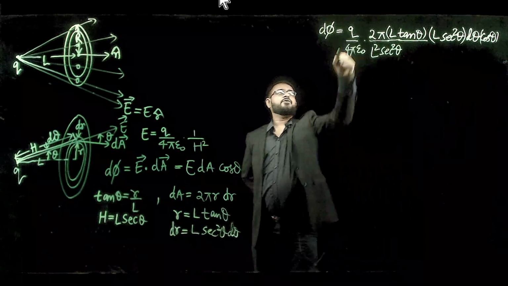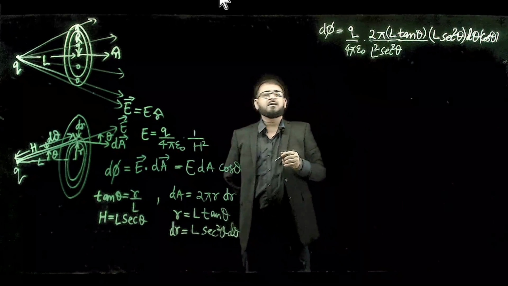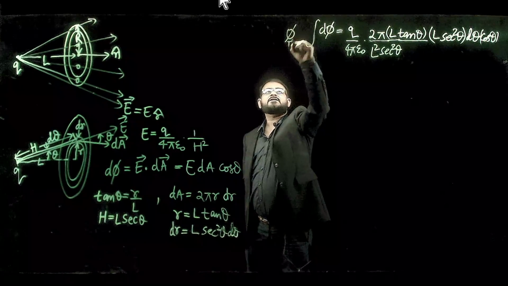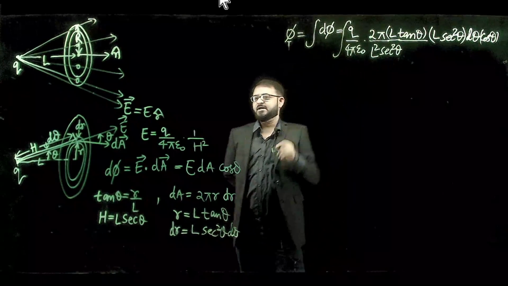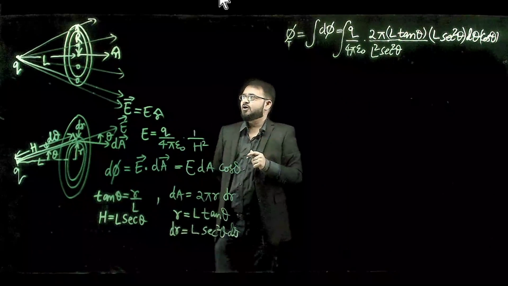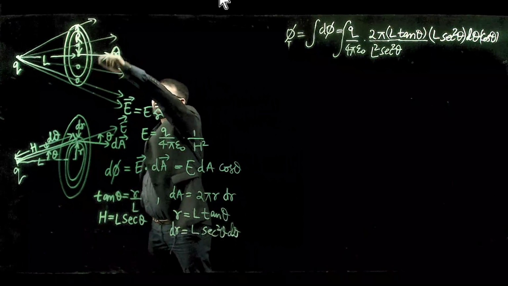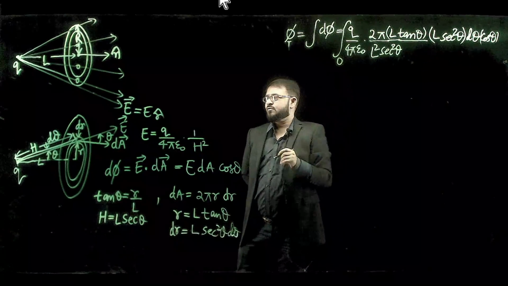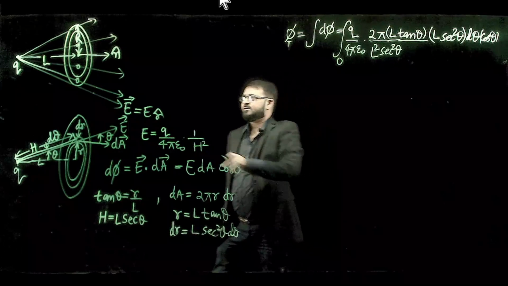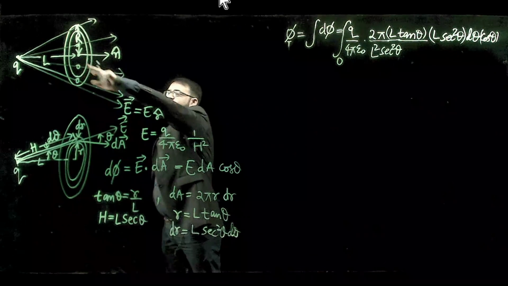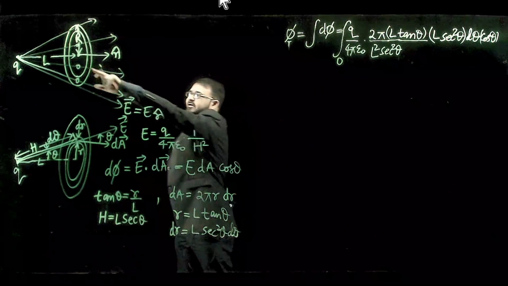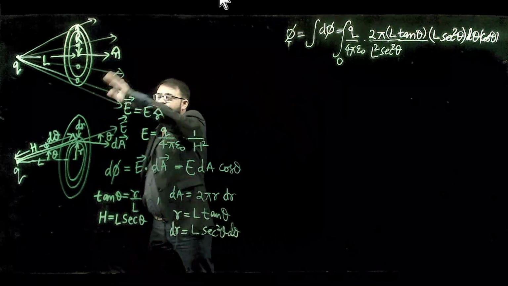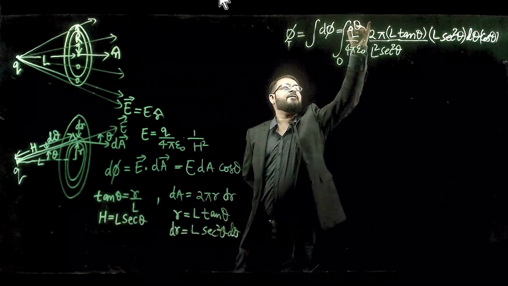Okay, so now you have got this beautiful integral. You want to calculate the total flux. You have the total flux equal to this, and you are going to put an integral. Right, in order to define this disk, the smallest ring on this disk will be when theta is equal to 0. That will be the center. And then we increase this angle theta up to an angle, say theta naught.